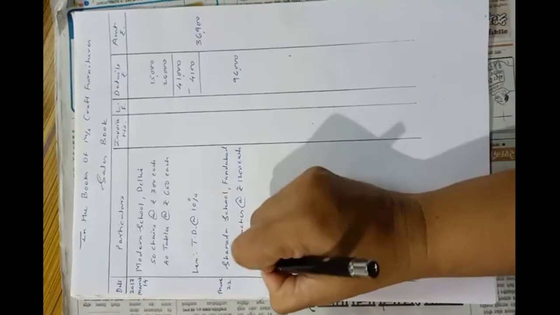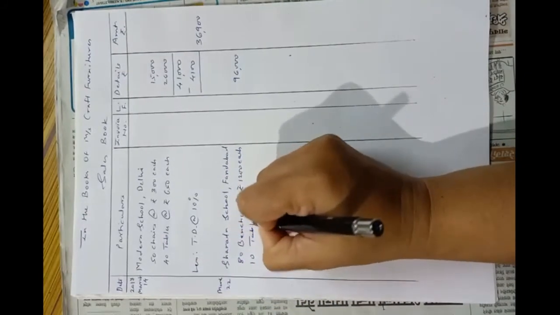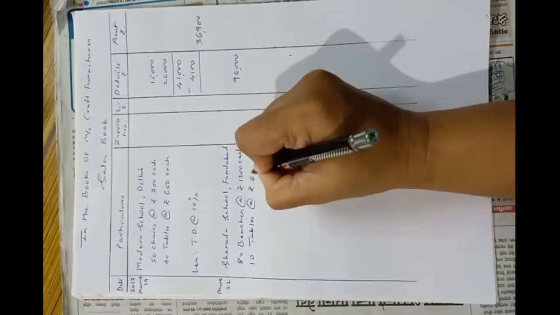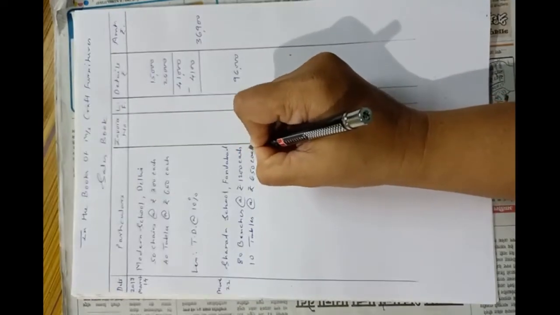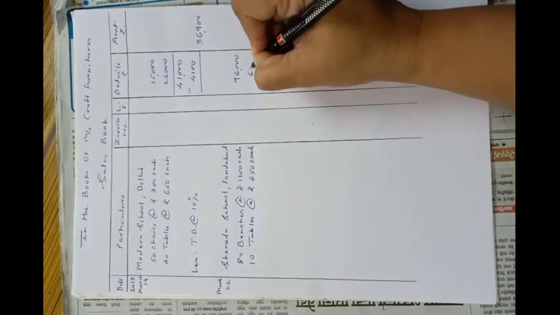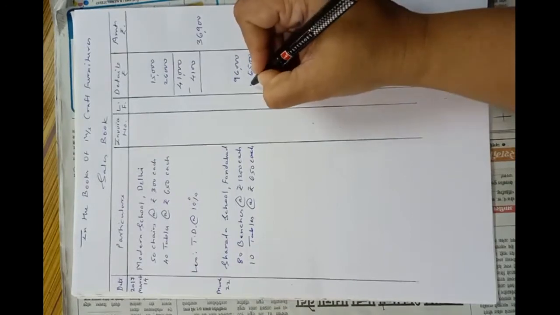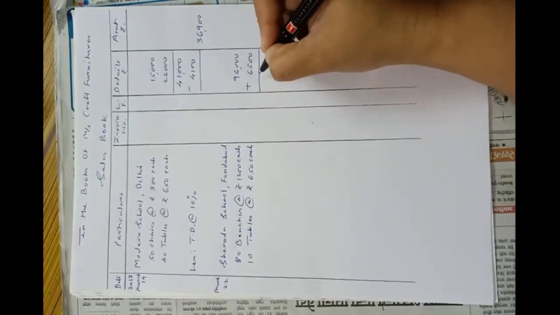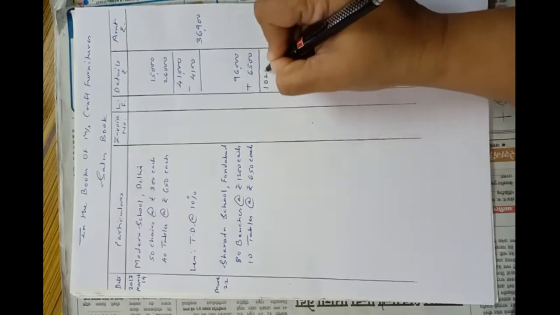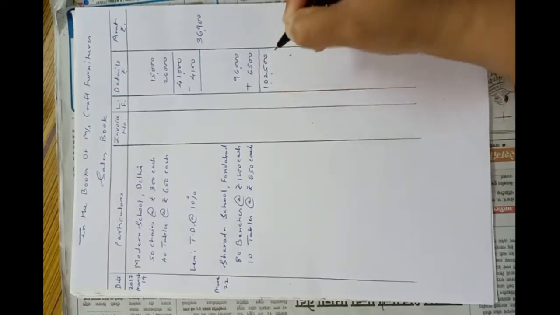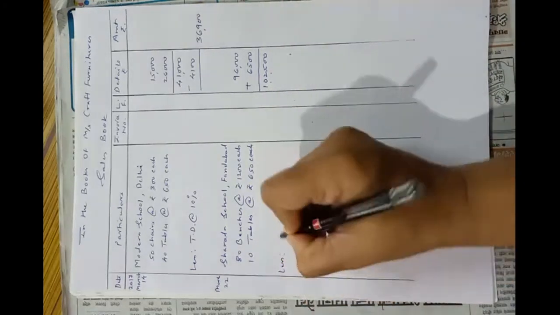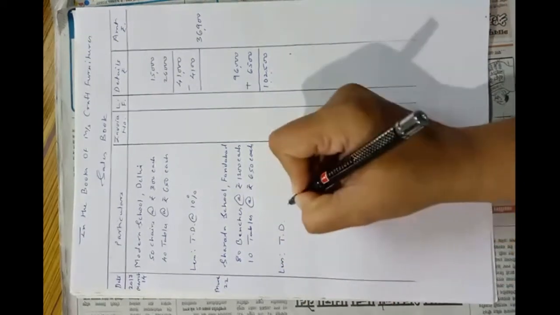Now 10 tables at rupees 650 each. This is an easy calculation. The amount is 6,500. And now we have to add these two entries. So it is 1,02,500.